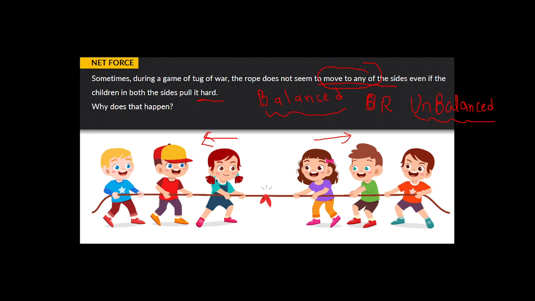Unbalanced means unequal force. So in balanced force, the net force is zero. Forces are equal on both sides. For example, if it is 100 newton by all these three guys and 100 by this side, 100 minus 100 would give you 0. That means net force is 0, right?